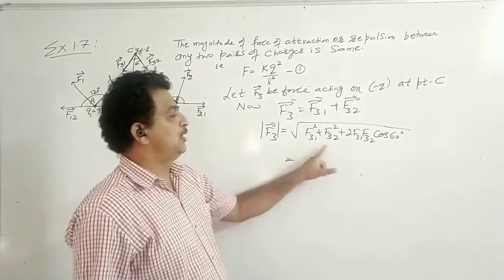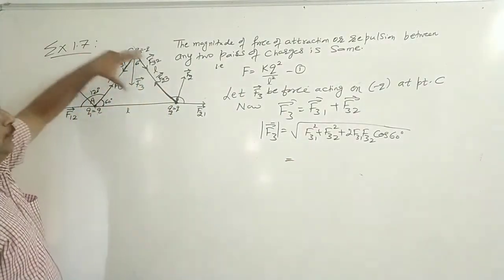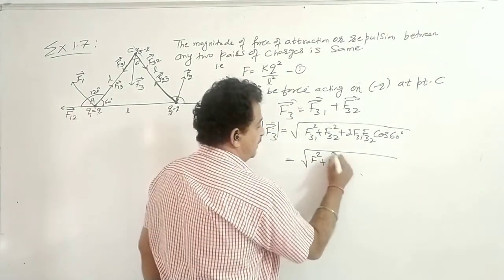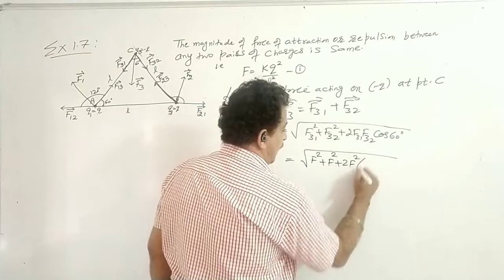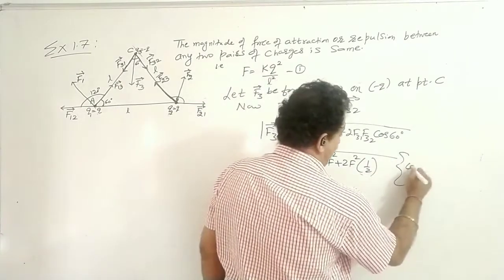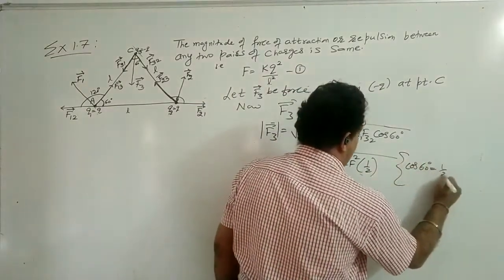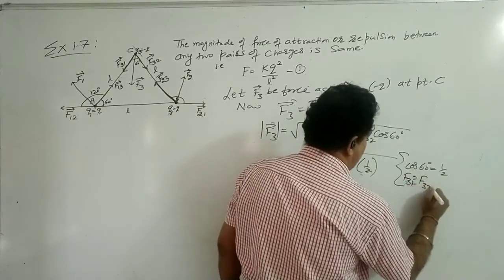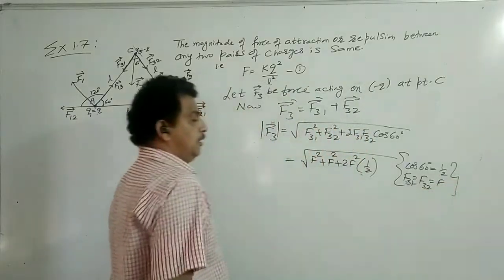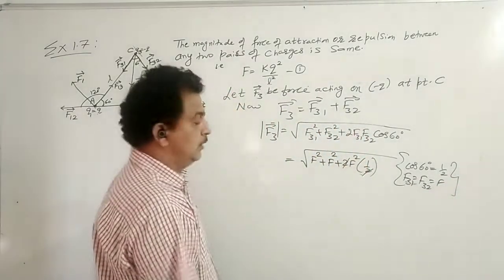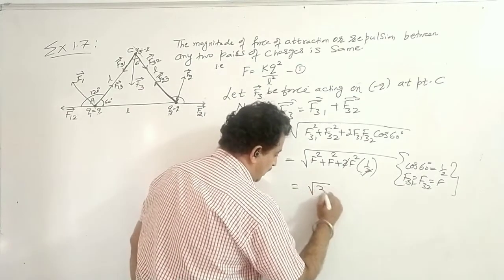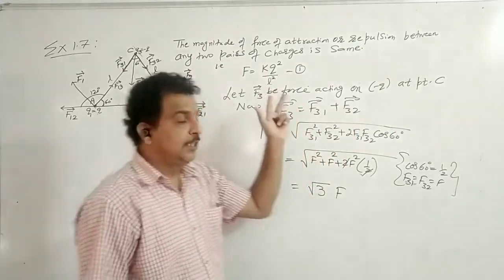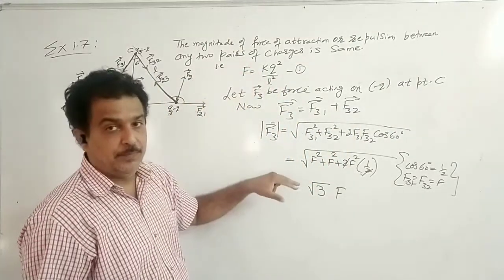Again we check the magnitudes: F31 and F32 are the same. So this can be written as F square plus F square plus 2F square, and cos 60 is half. F31 is equal to F32 is equal to F. Now this 2 gets cancelled, so your answer comes out to be root 3 times F. So if the angle between the two vectors is 120, the resultant comes out to be the same.